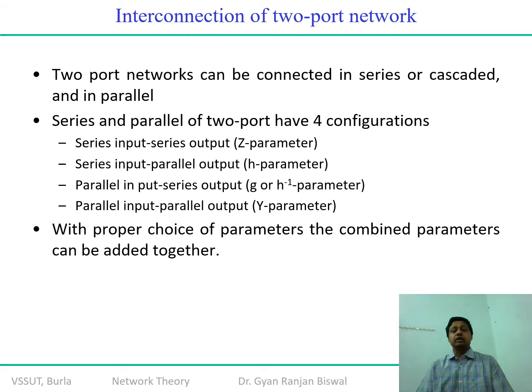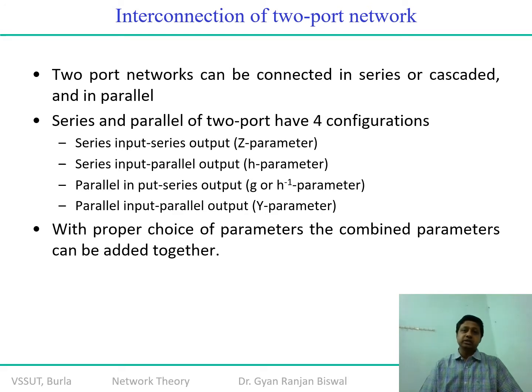So the output is available in parallel form, that means shunt mode, whereas the feeding of current and voltages at the input mode is in serial form. So it is serial to parallel interconnection, and the H parameter is suited for serial input and parallel output.